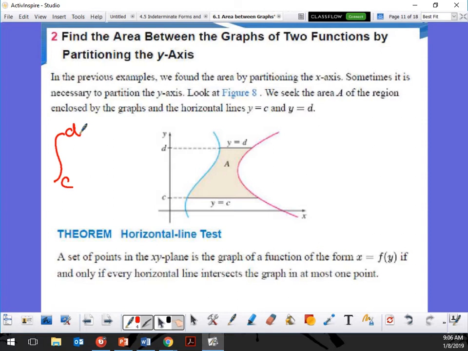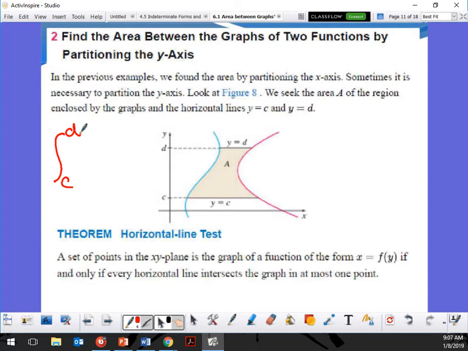If you think about it, when I'm doing it around the x-axis here, I'm finding the area between the x-axis. So I would normally try to figure out which one has the greater y values, right? But now I'm doing it around the y-axis, and so now I need to look at it to see which one has the greater x values, right? The greater x values are going to be the ones on top.